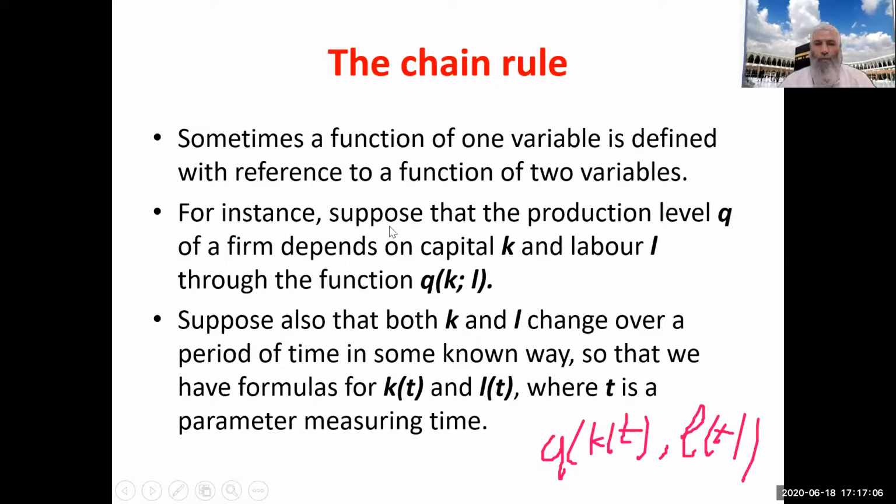For instance, suppose that the production level Q of a firm depends on capital and labor, like we said before, through the function Q of K and L. Suppose also that both K and L change over a period of time in some known way, so that we have formulas for K(t) and L(t), where t is a parameter measuring time.